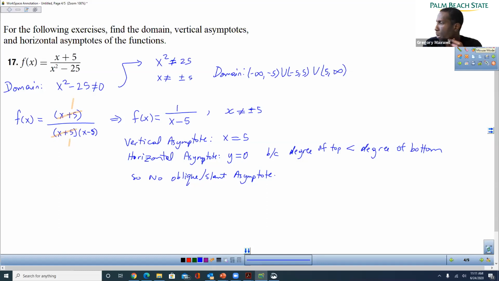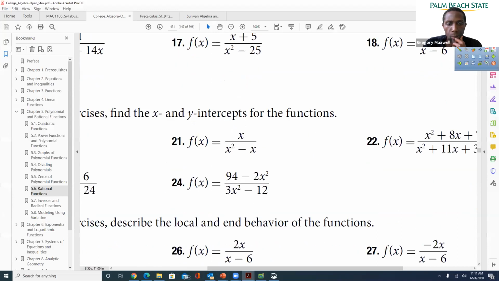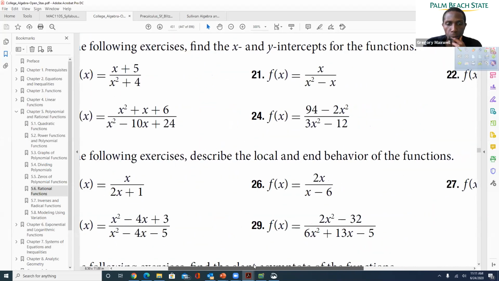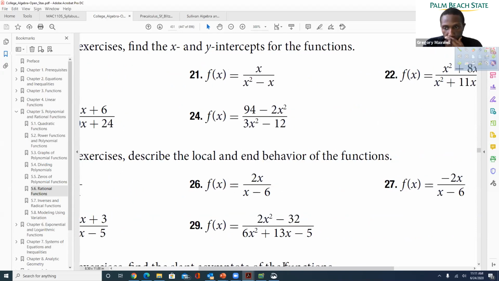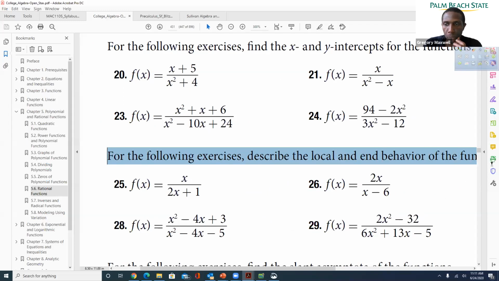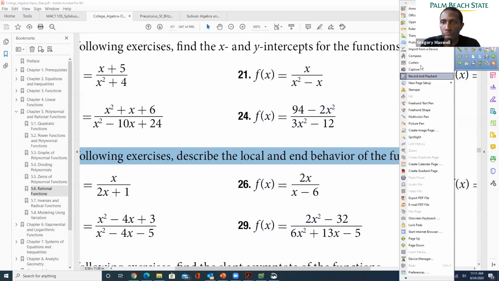Next example was number 29. For number 29, the question is to find the end behavior of the function.